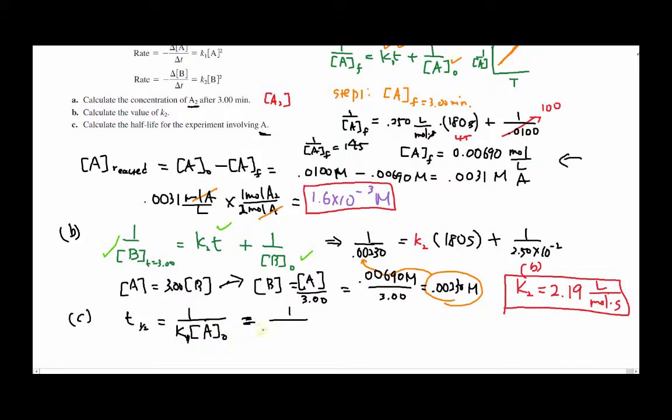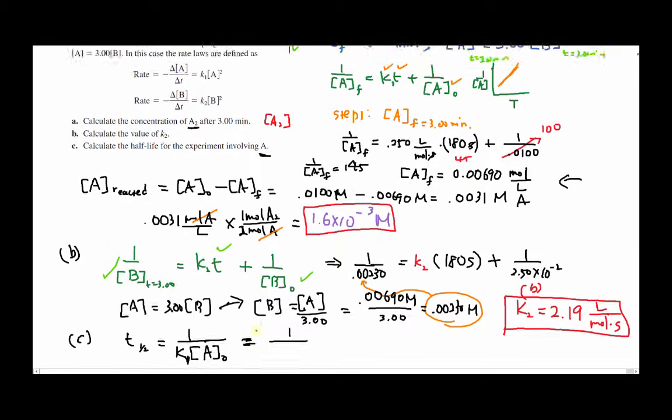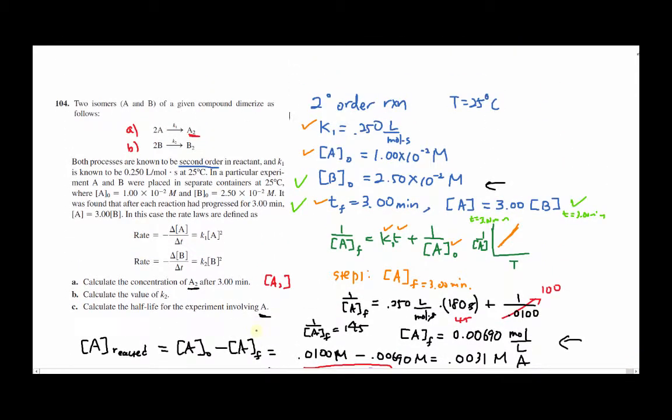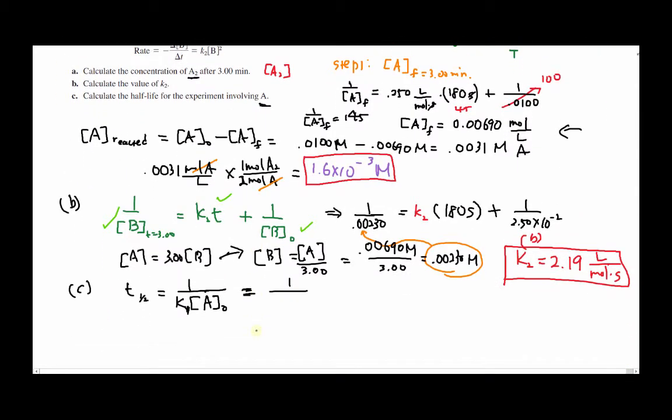K1, looking up, was 0.250. And then our initial concentration was 1.00 times 10 to the negative 2.